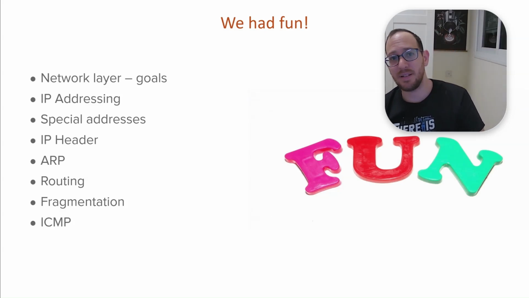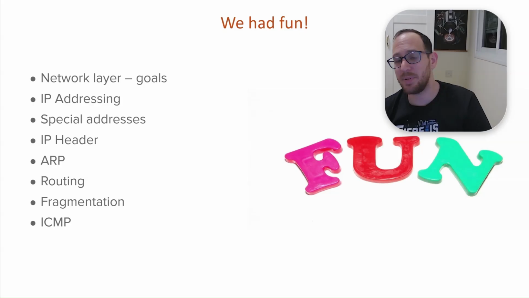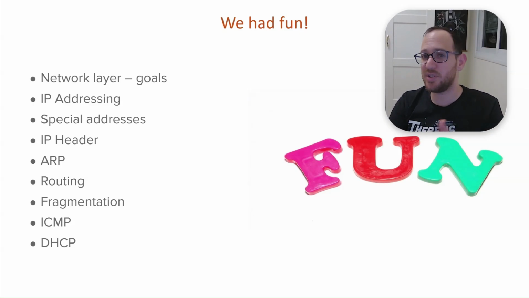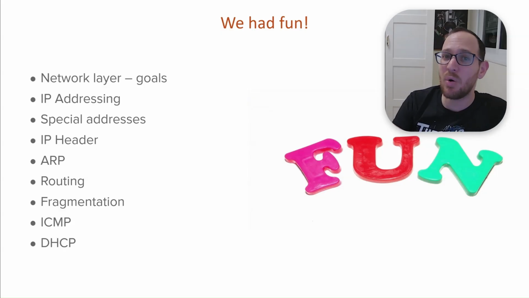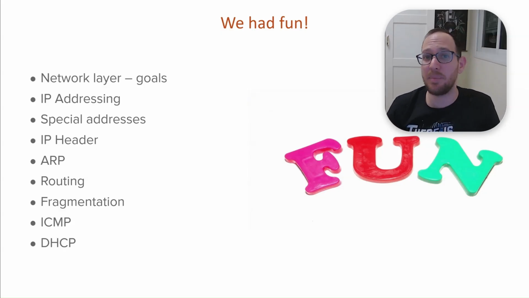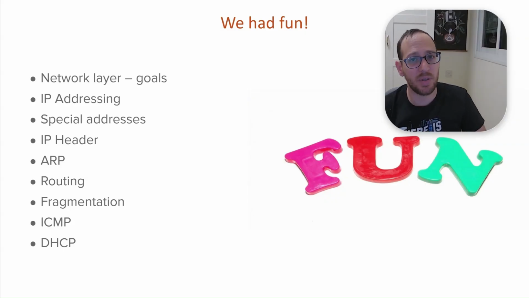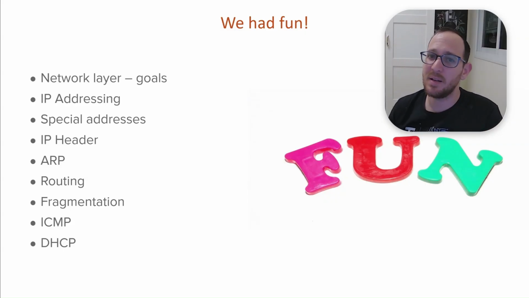We learned about ICMP, a protocol used by our beloved IT people and people who are trying to understand the network a bit better. And lastly, we learned about DHCP, which tells us how we received our IP address in the first place, how we learn about our default gateway, our subnet mask, and some other important details for us to be functional entities within our network.